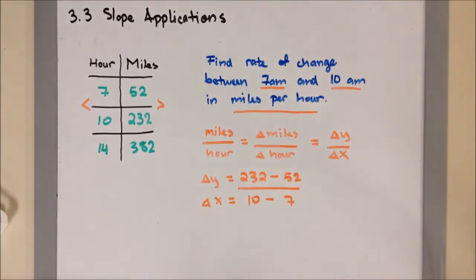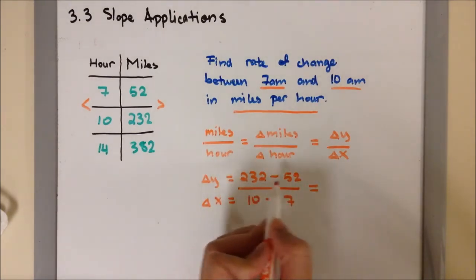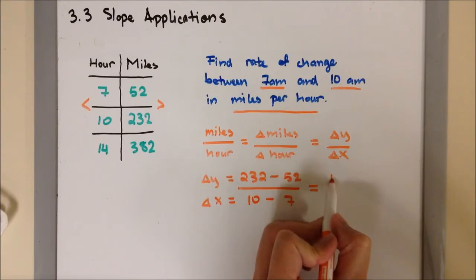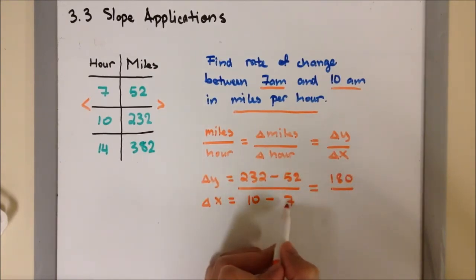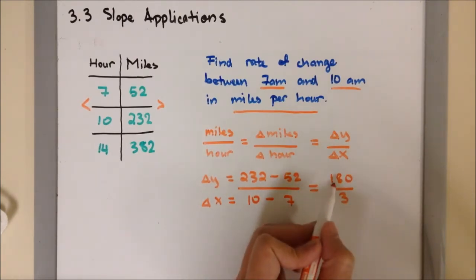So the order is good. Now we're just going to simplify the top and bottom. So 232 minus 52, that would be 180. 10 minus 7, that would be 3. And then we can actually simplify this fraction because 180 can be divided by 3.